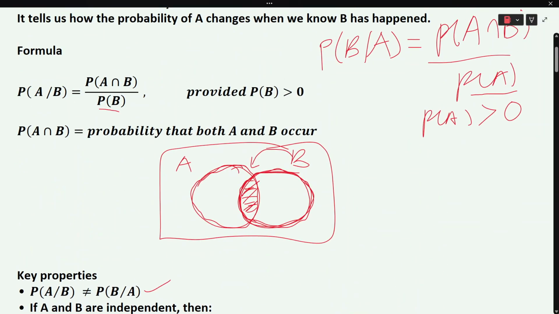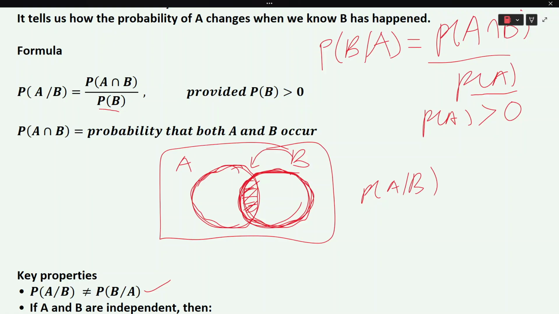Here we have the whole area being the total, but if you are given a condition, we are looking at what portion of A you have in B. That's if you have to find the probability of A given B: we have to find the portion of A which is in B.